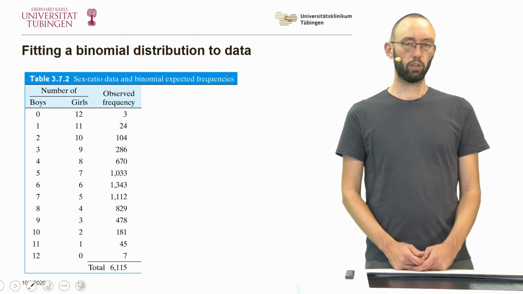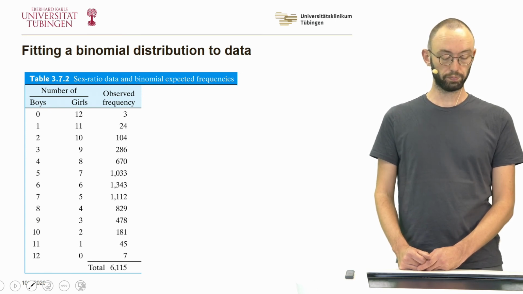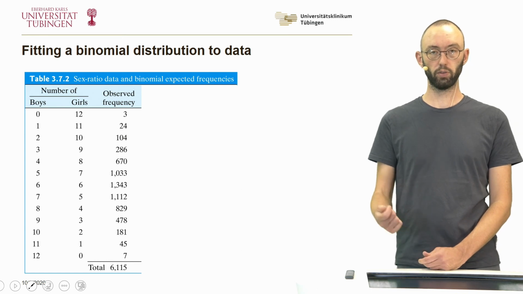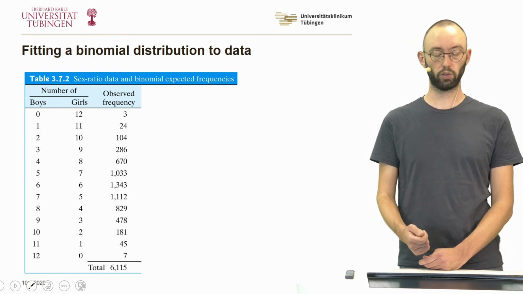So how can we fit a binomial distribution to data? It's actually relatively simple, because it has only 2 parameters: the number of trials that were conducted and the probability in which every single trial results in a success or failure, or a 1 or a 0.